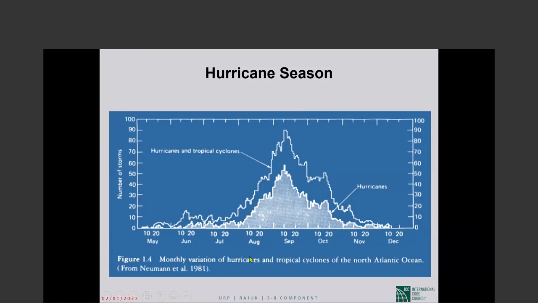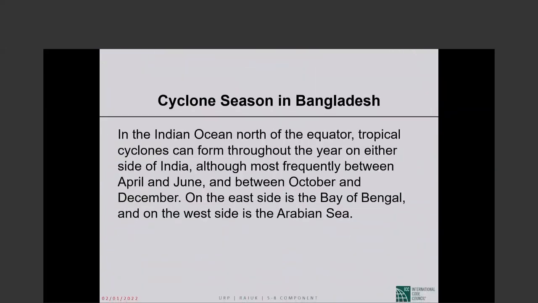Okay? If you include hurricanes and tropical cyclones, then the season gets longer. But still, there is a season. There is a quiet part of the year when these big storms do not happen. In the Indian Ocean, north of the equator, tropical cyclones can form throughout the year on either side of India, although most frequently between April and June and between October and December.